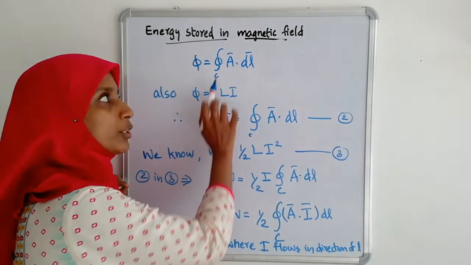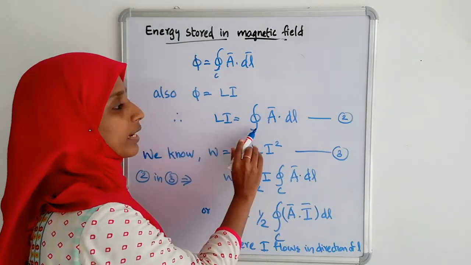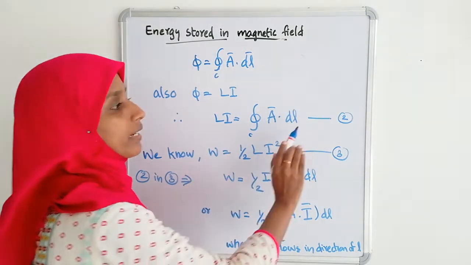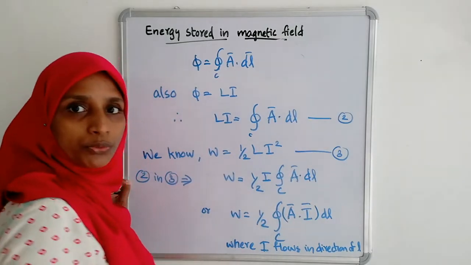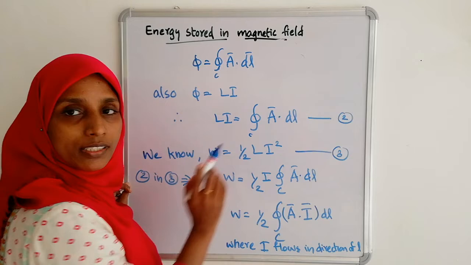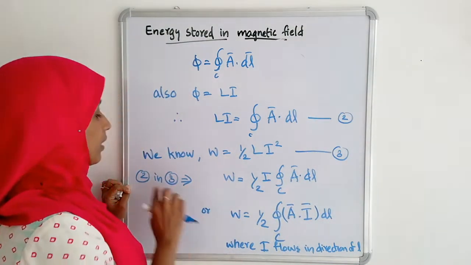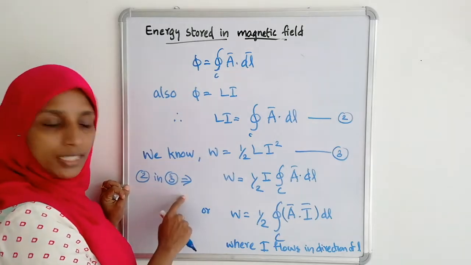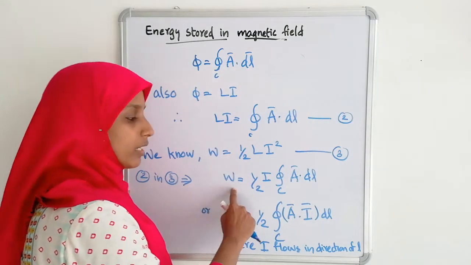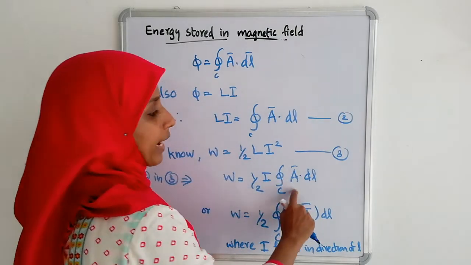Equating these two, Li is equal to closed integral A dot dl, which is equation number 2. We already know W is equal to half Li square, which is equation number 3. Then substitute 2 in 3, and the work done W is equal to half I into closed integral A dot dl.